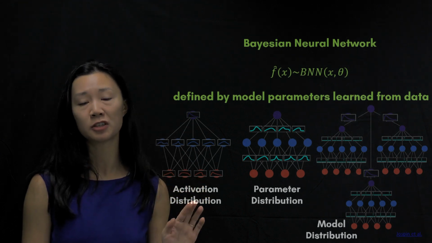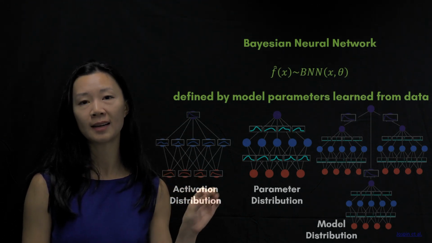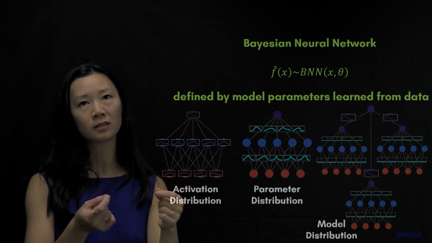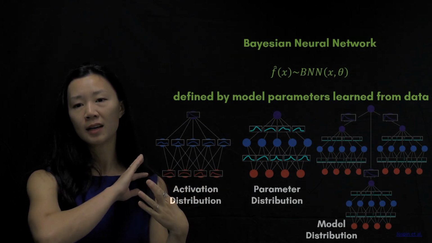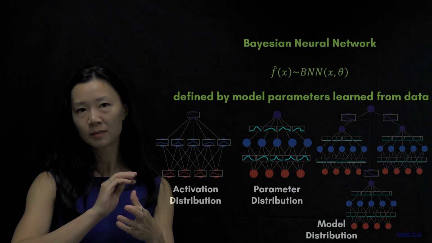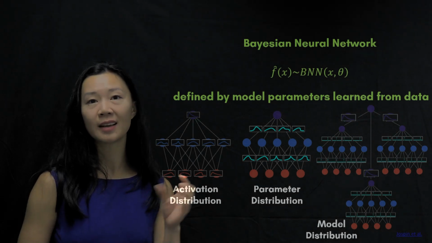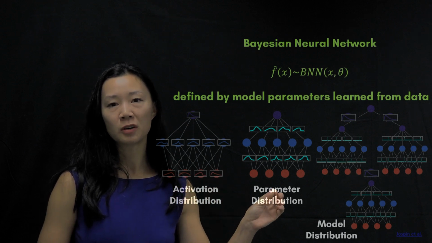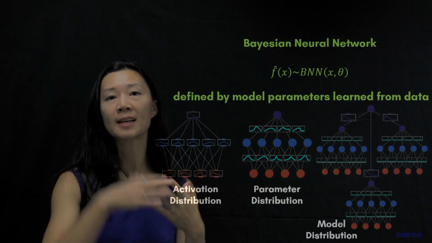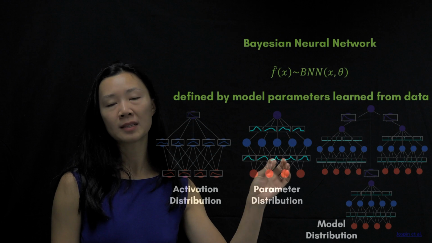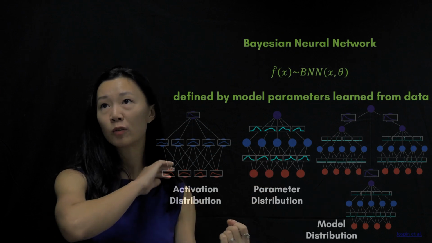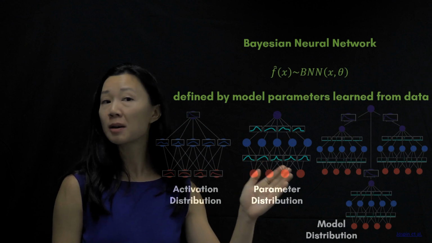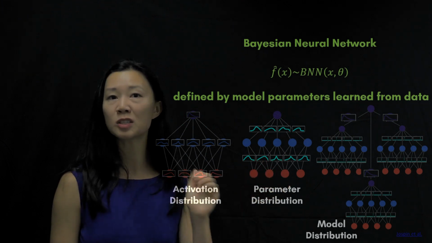The way that the activation distribution is applied is that instead of, at your neurons, the activation function being a deterministic forward model, it's probabilistic. At the parameter distributions, so not at the neurons themselves, but the passing between neurons, instead of the weights and bias being a number that just forward passes in a deterministic way, let's make it probabilistic. Let's smear.